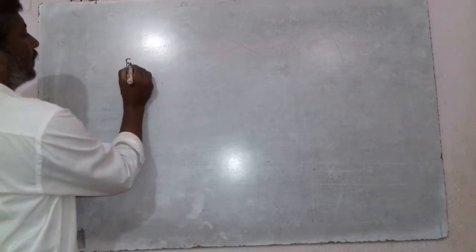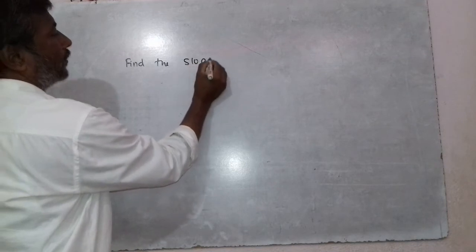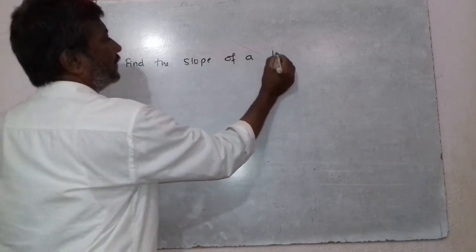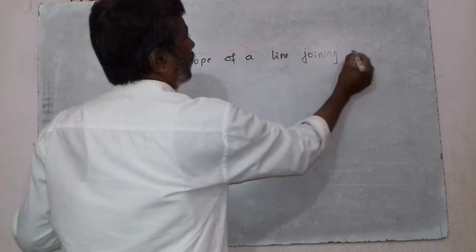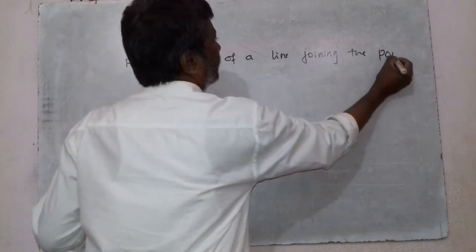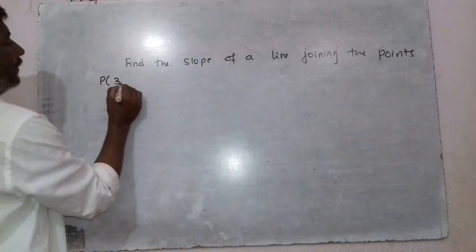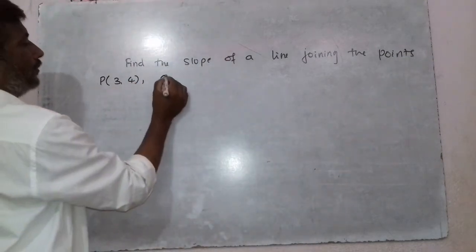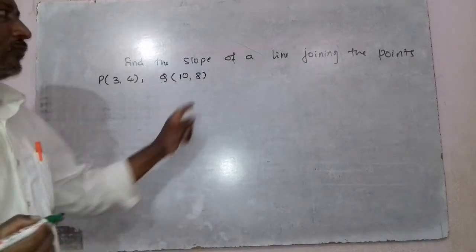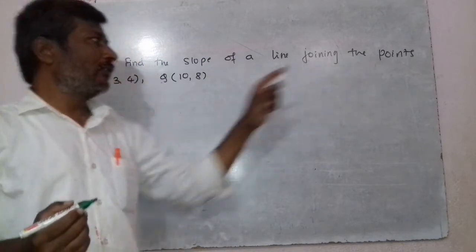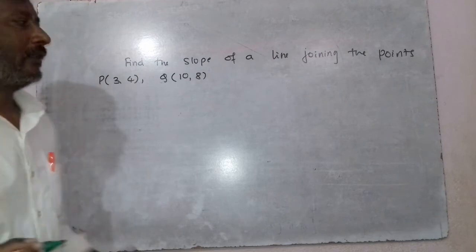Find the slope of the line joining the points P (3, 4) and Q (10, 8).